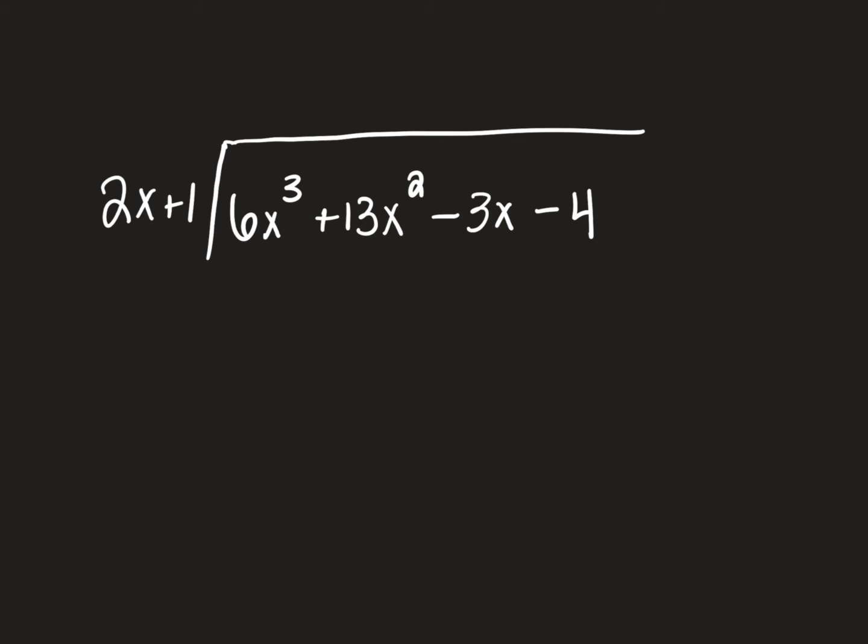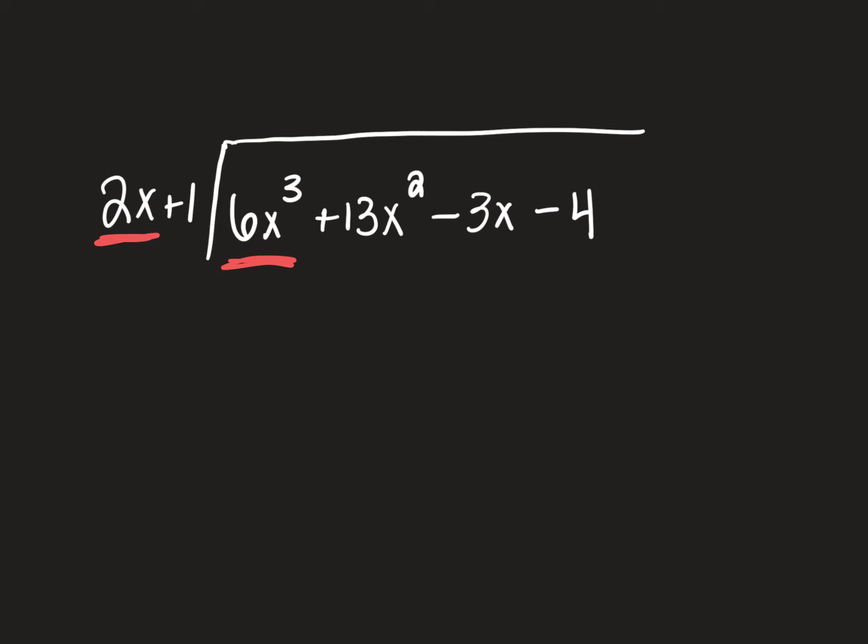Everybody listening, watching, paying attention. So step 1, like in long division, we're looking at this first number. The only thing we are looking at right now is this and the 2x. You just want the first part of that.